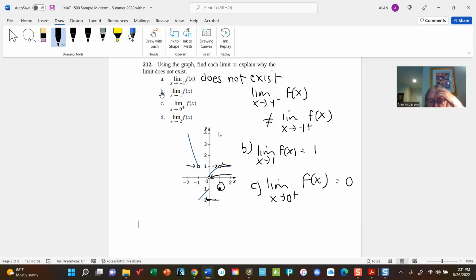The two-sided limit does not exist. But the limit as x approaches 0 just from the right is in fact 0. And then the last one, the limit as x approaches 2, so actually I better get some of this stuff out of here.